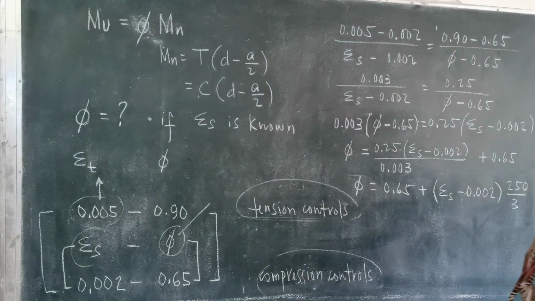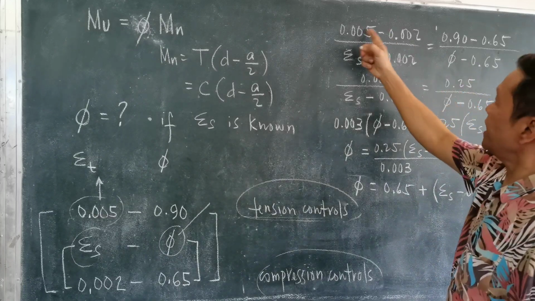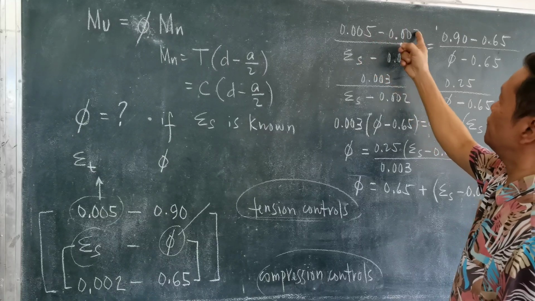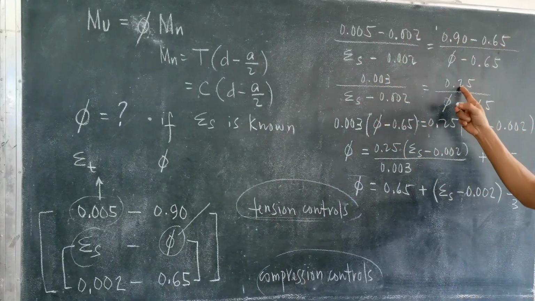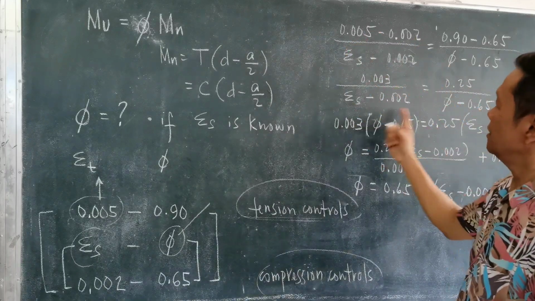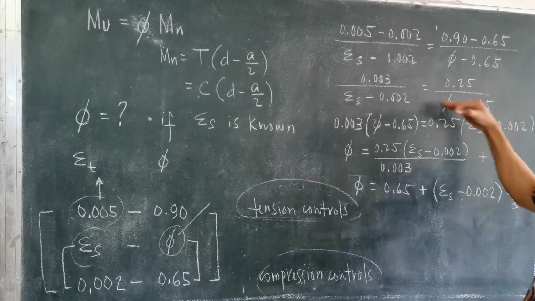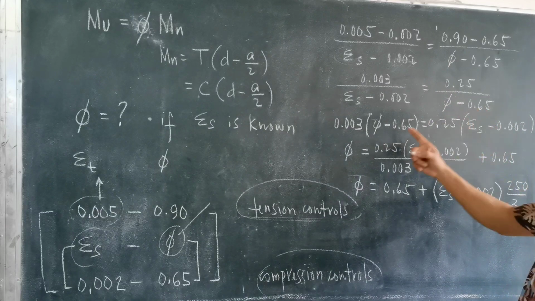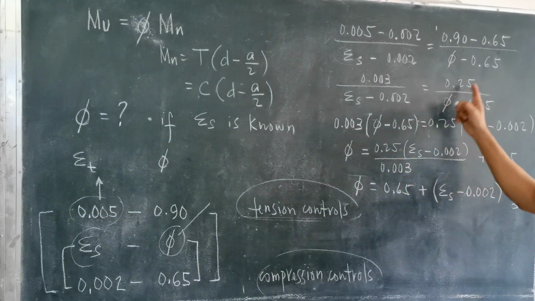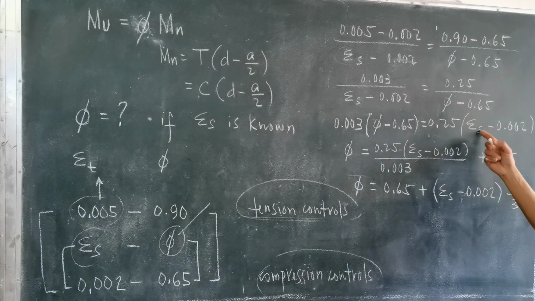Then from here, we get the difference between these two, 0.005 and 0.002, so you get 0.003. The difference here is 0.25. The denominator, we rewrite also, and we now cross multiply. So 0.003 times phi minus 0.65 is equal to 0.25 times the actual strain minus 0.002.